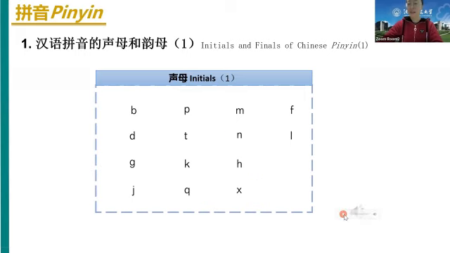That's the foundation to learn the Chinese language. You must be able to read them correctly. And when you listen to a syllable, a Chinese word, you should be able to write down pinyin by yourself.